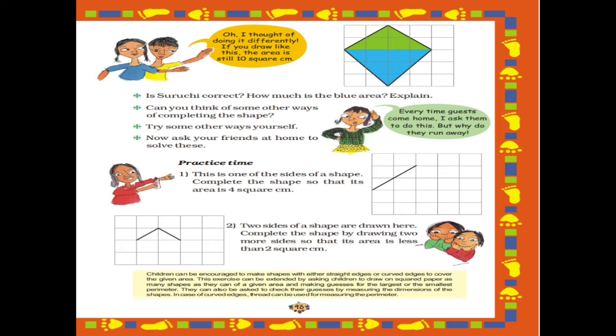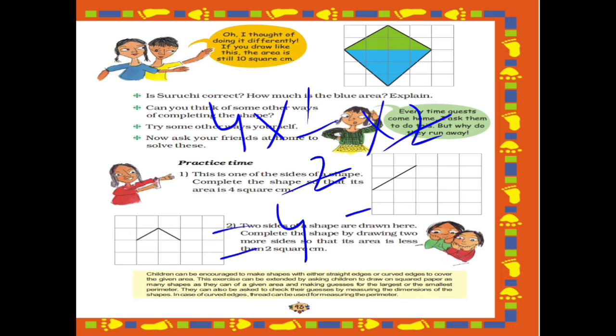So you will write half of the area of the rectangle, which is 4 into 1 by 2 into 2. So 2 gets cancelled. What will remain? 4. So the area of the green triangle is 4 square centimeter. Now let's check the blue one.